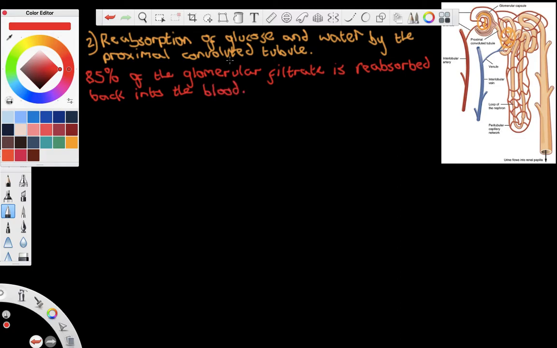Now, epithelial cells that line the proximal convoluted tubule have microvilli that increase their surface area, and they have lots of mitochondria that make ATP for active transport.